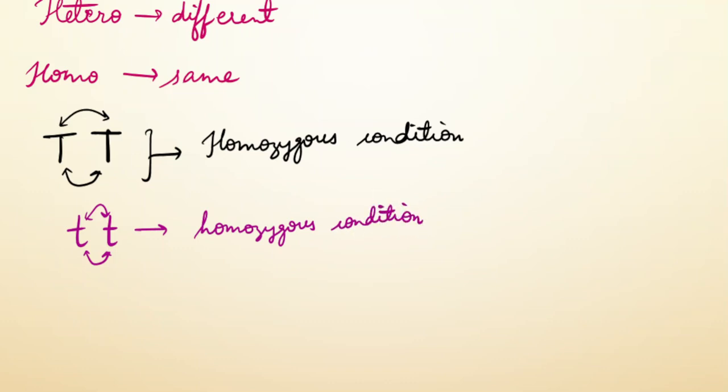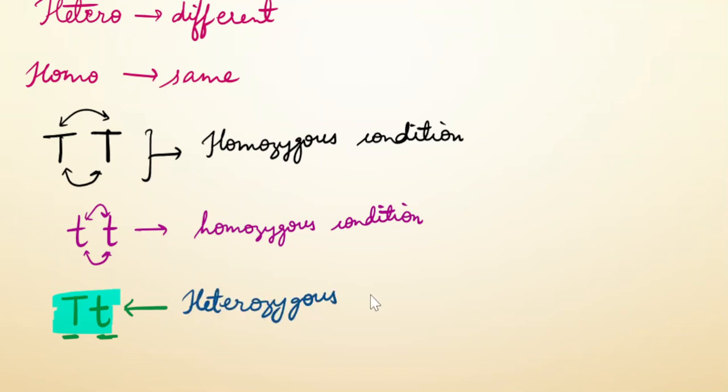But what if the alleles are present as capital T, small t? One allele is for tallness, that is dominant, and the second allele, small t, is for dwarfness, which is recessive. If such two alleles are present, then we say it is a heterozygous condition of a gene.